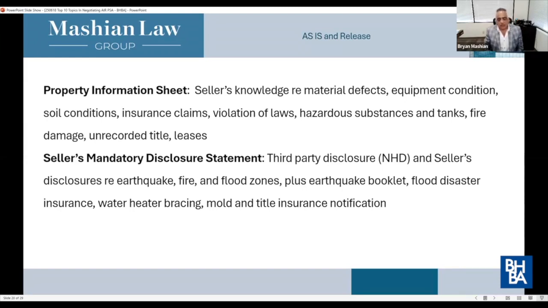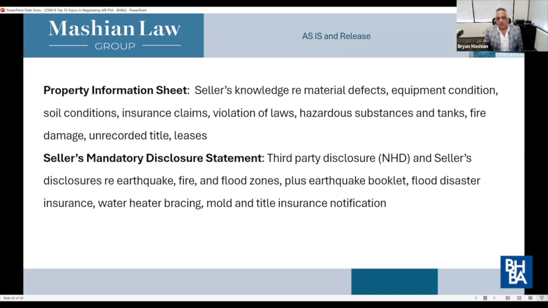The seller's mandatory disclosure statement basically is to fulfill a seller's duty to disclose things that the law requires be disclosed by a seller to a buyer regarding whether or not the property is, for example, in an earthquake zone or in a high fire risk zone or a flood zone.